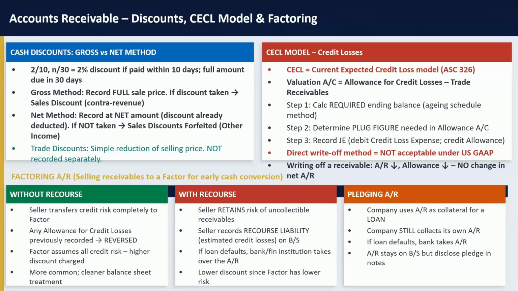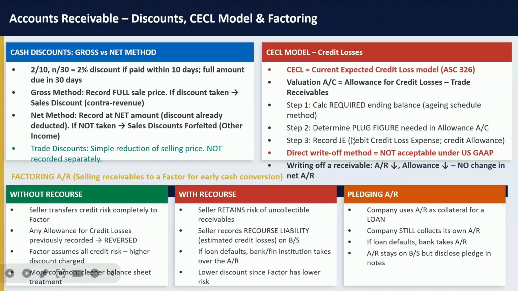It is nothing but credit loss expense account. The major player in our T account will be credit loss expense account. So that is our plug figure. That is what we use for adjusting the balances. Then record the journal entry. The mostly tested journal entry will be debiting the credit loss expense account and crediting allowance for credit losses account.